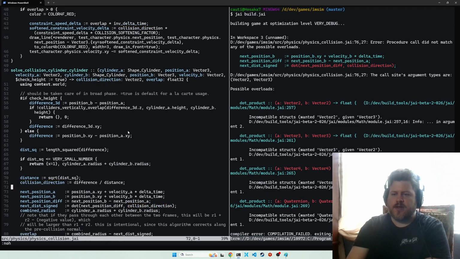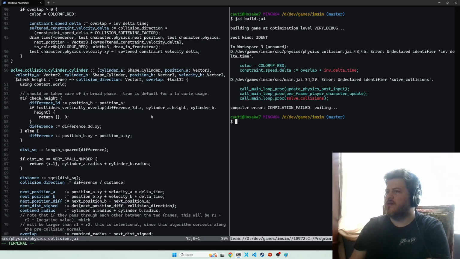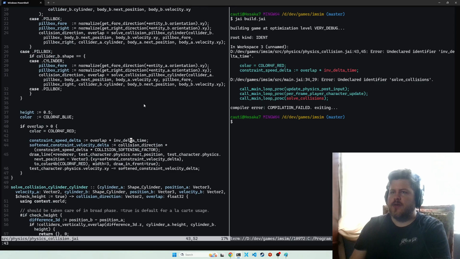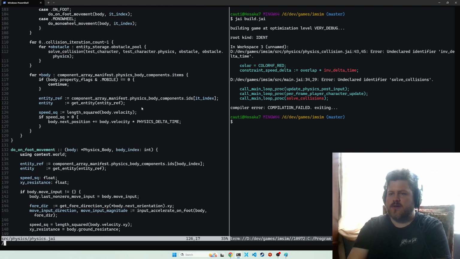I'm using a different compiled version of it by going down a different compile time branch than I was before. Okay. INV delta time. Let's just pass that in, I guess. And that will work fine.